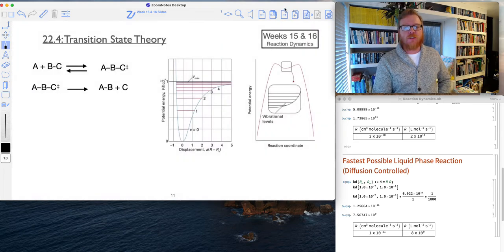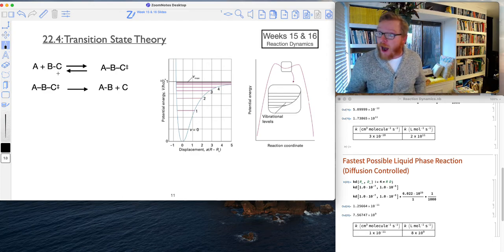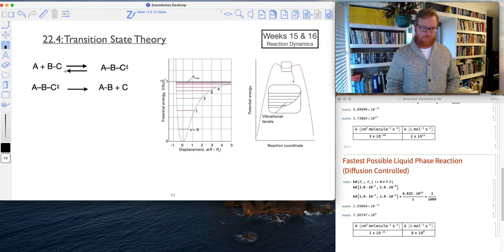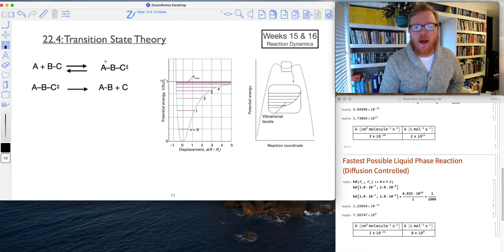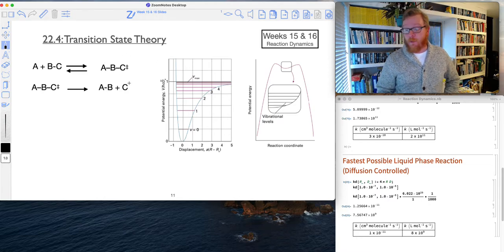Okay, so let's look at this mechanism, same mechanism, but just in a slightly different nomenclature. Okay, so we'll say A reacts with something that has a bond, BC. And that becomes this unstable intermediate. So I noted that that was C double dagger, but now this is really some weird complex, right?